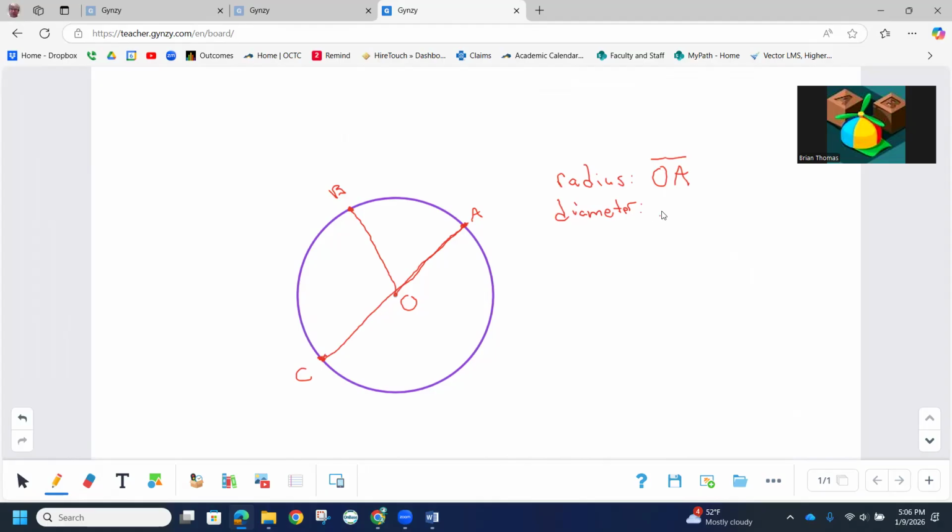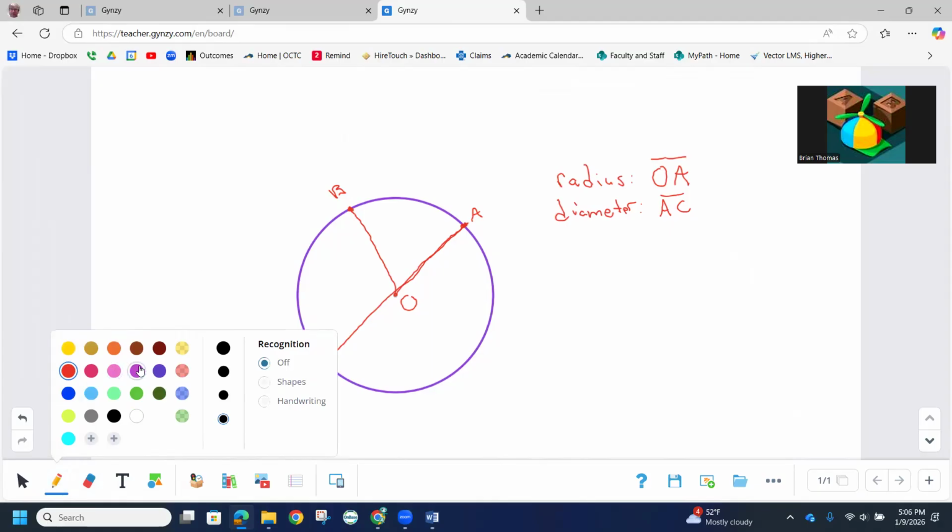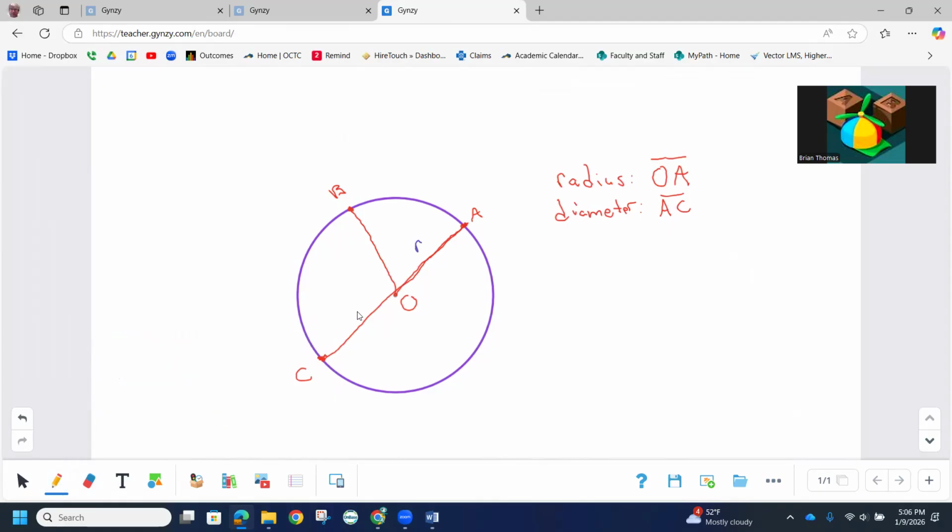So segment AC would be considered a diameter. Notice that OA is a radius, and OC is a radius. These two segments, OA plus OC, in other words, a radius plus a radius, would be the same thing as a diameter. So a diameter can also be defined as two radii.